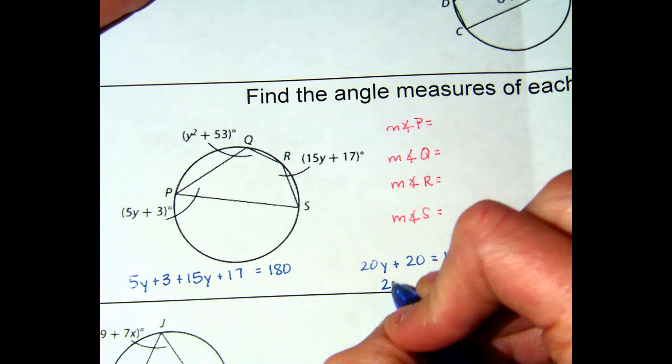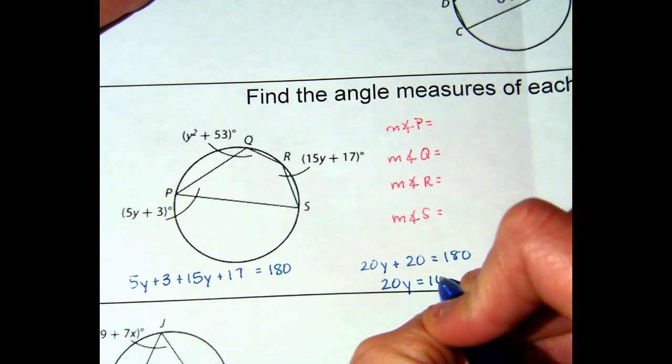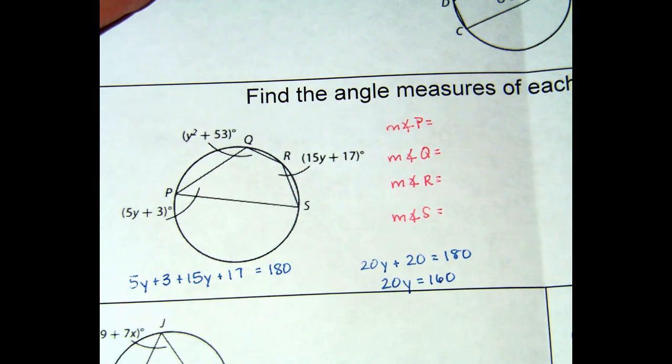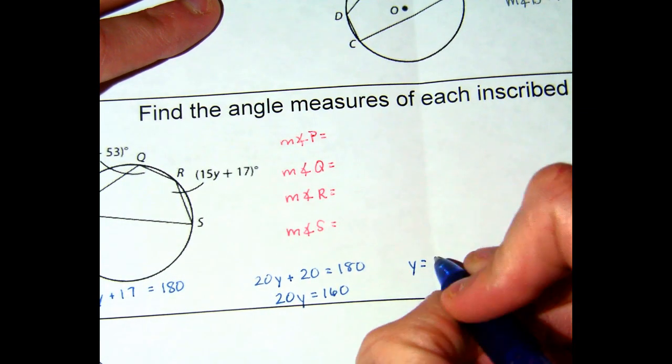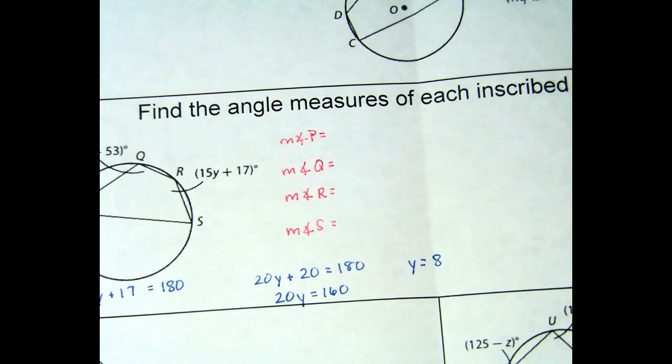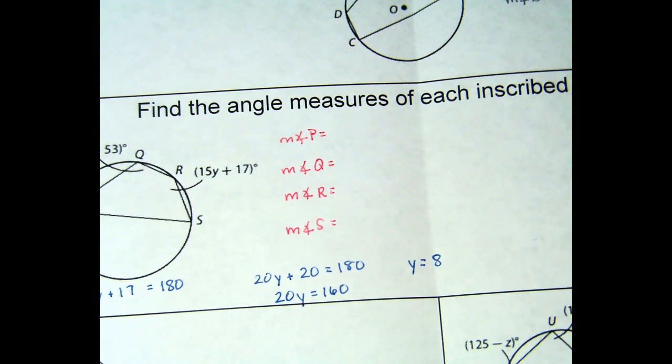Subtract 20 and we get 20y equals 160. Divide by 20 and we get that y equals 8. Now we're going to plug that back in to find the measures of each.